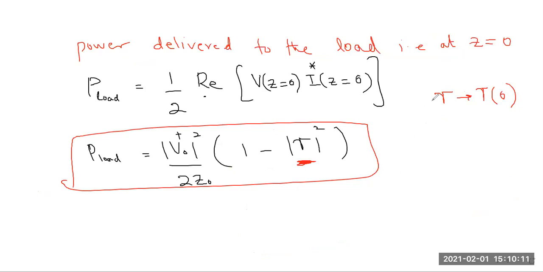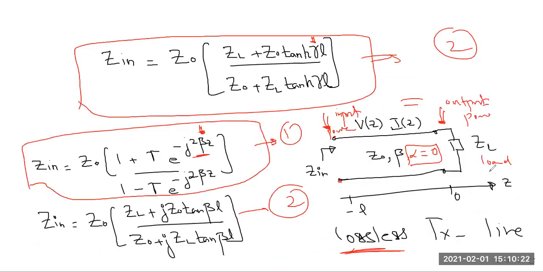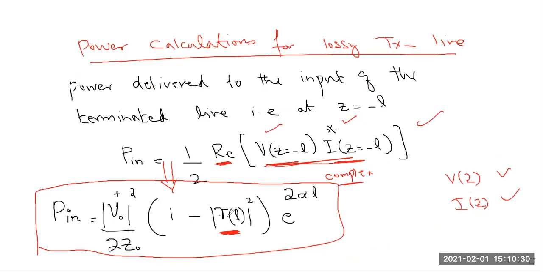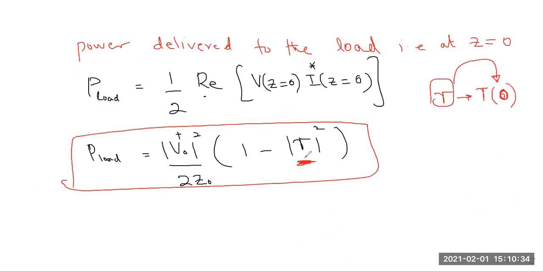So by default, gamma will always mean gamma calculated at Z equal to 0. And in our case, Z equal to 0 will always mean the load position. So you should not confuse gamma L and gamma; they are not the same thing.